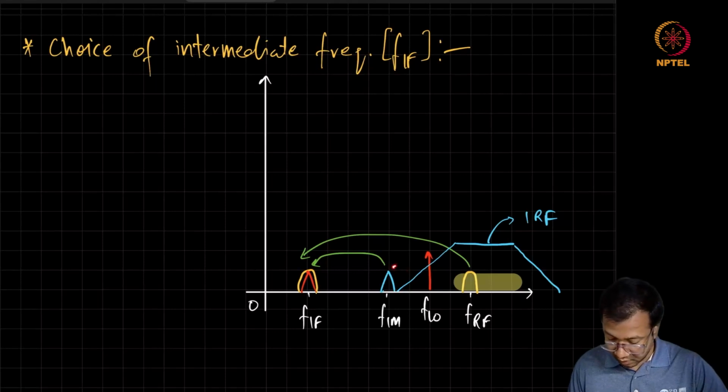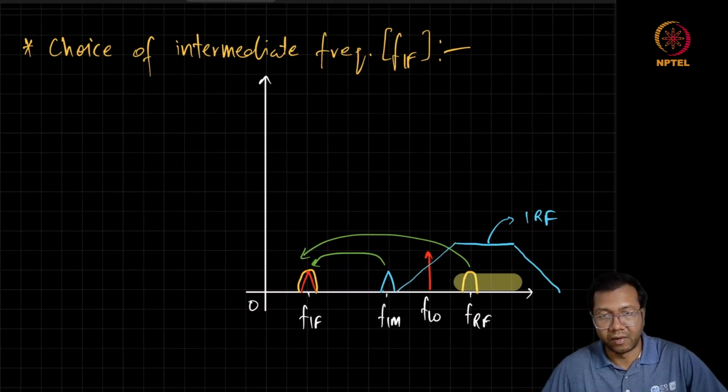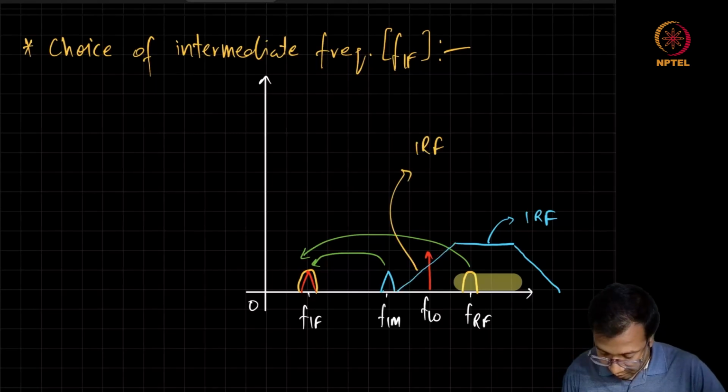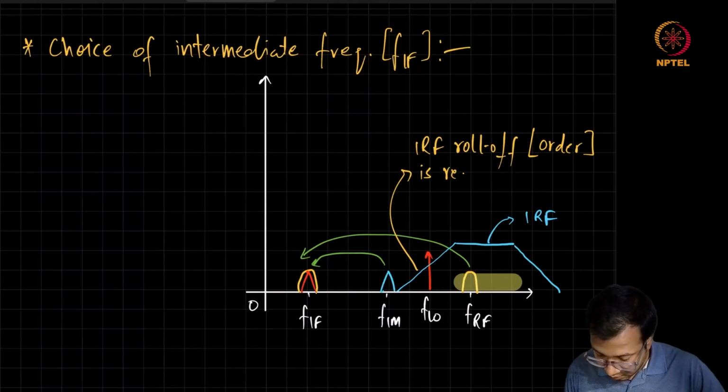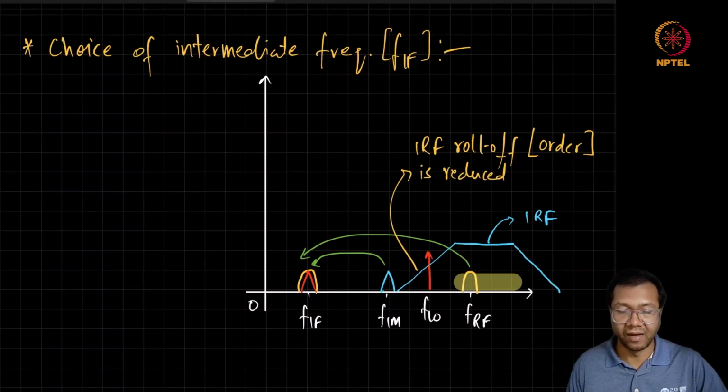Now, the spacing of the image frequency from the band edge is going to decide the roll-off for the image reject filter. The IRF roll-off, I should say order, is reduced if the spacing increases, and that spacing directly depends on the IF frequency.